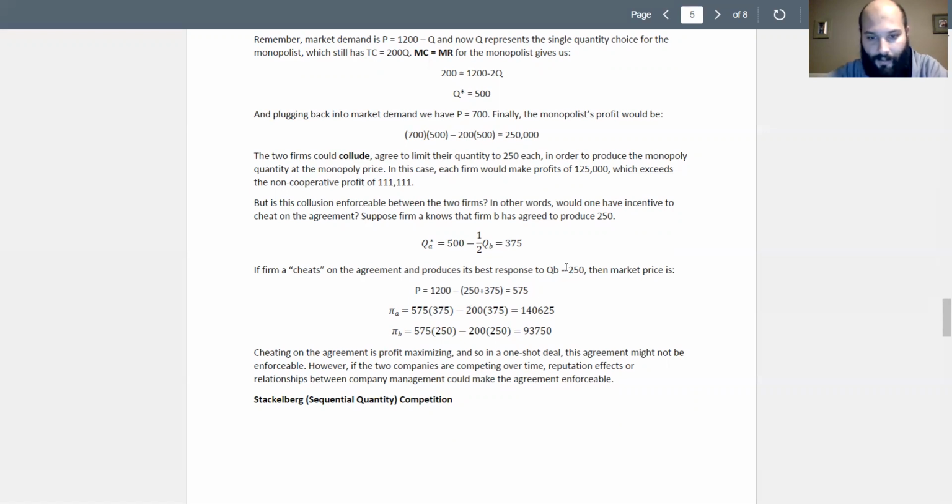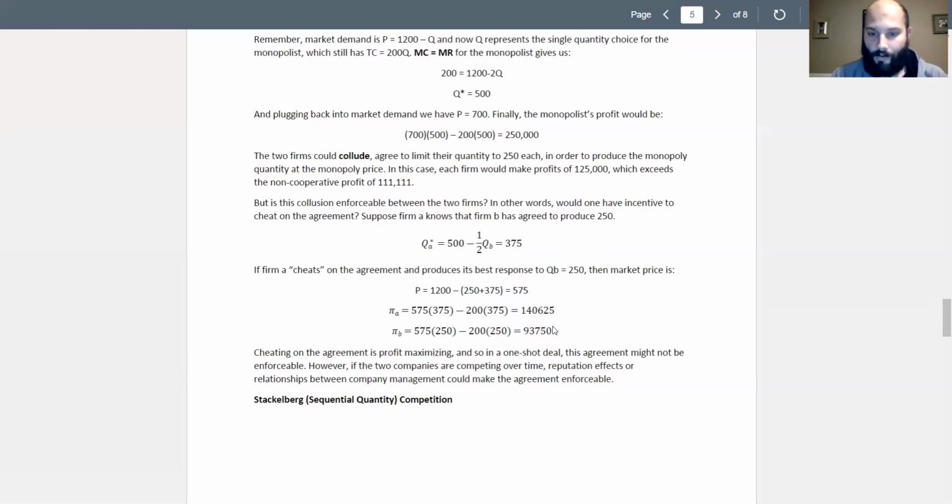B, meanwhile, is sticking to the agreement, producing 250. So the market price times quantity minus the total cost of producing 250. And what we can see is that A actually earns higher profit yet by cheating on this agreement at the expense of B. So the moral of this story is that cheating on this agreement is profit maximizing.